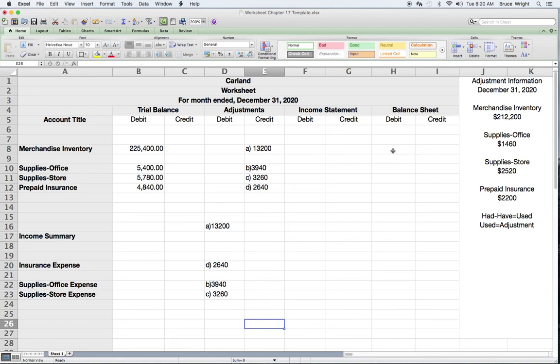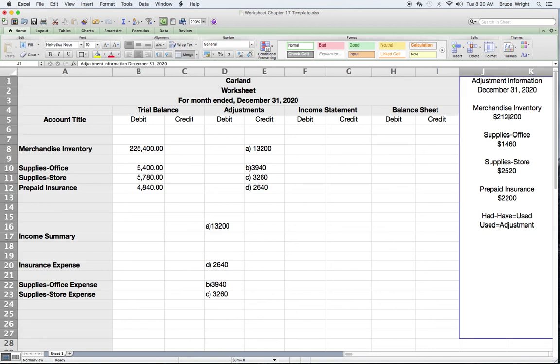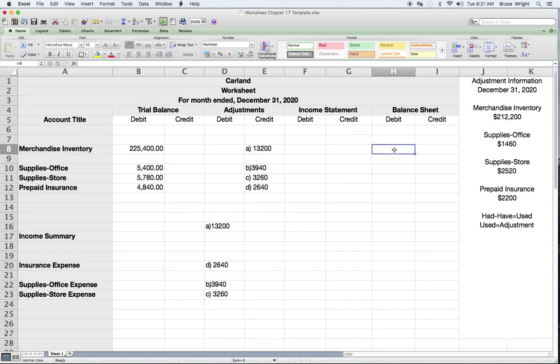And if you remember, I told you to take these four, and you can put those out here in the balance sheet, because this is the adjustment information over here, and these are the final balances for these accounts. These numbers, you can throw these out here right away. Okay?